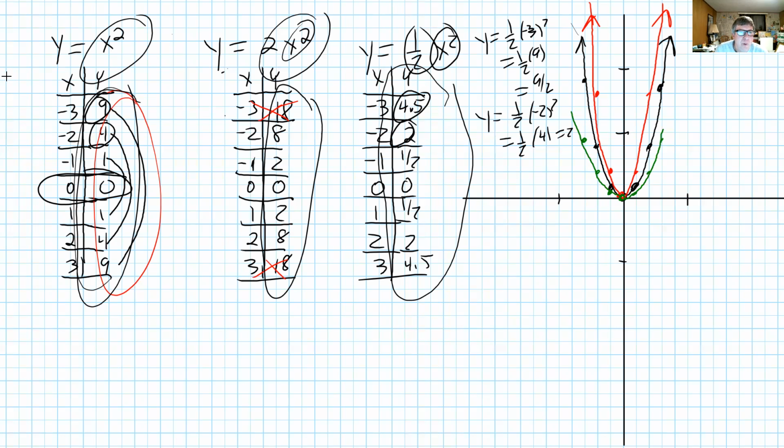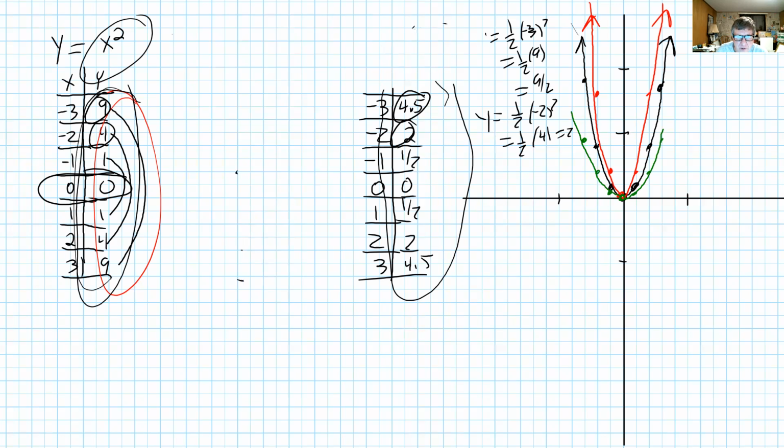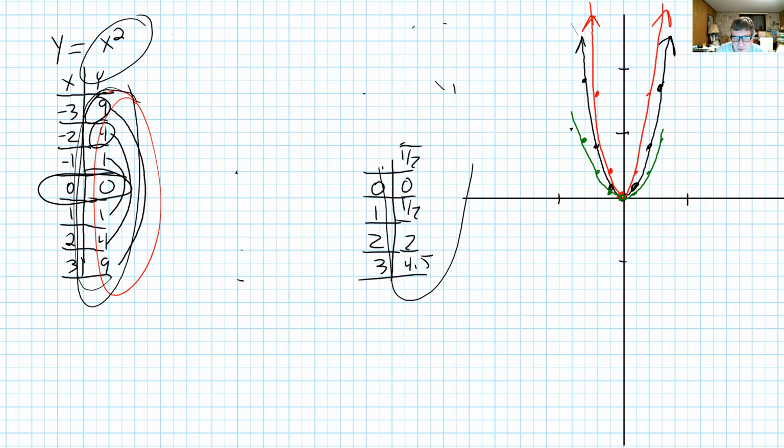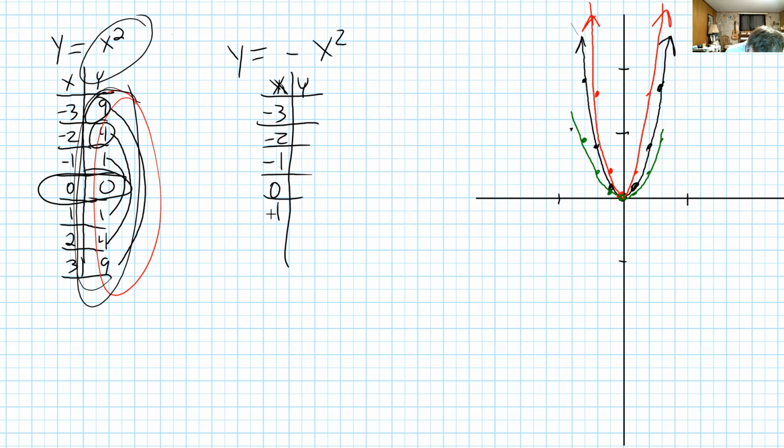I want to put one more graph on this. Let's go back to black there. And let's look at y equals negative x squared. -3, -2, -1, 0, 1, 2, 3.